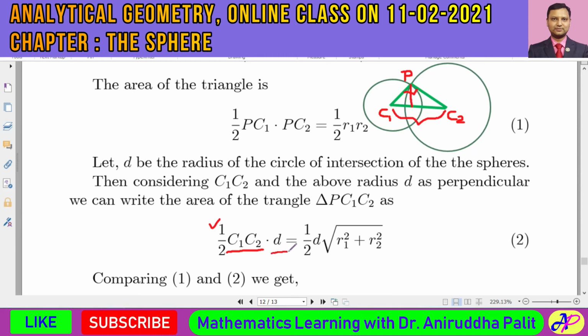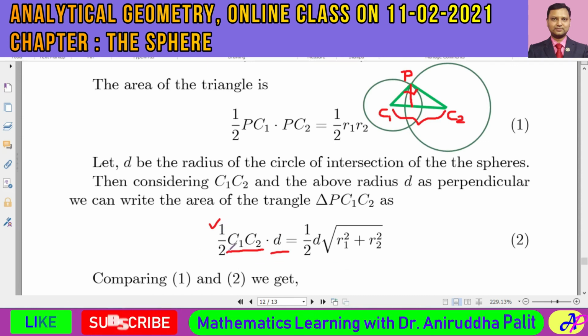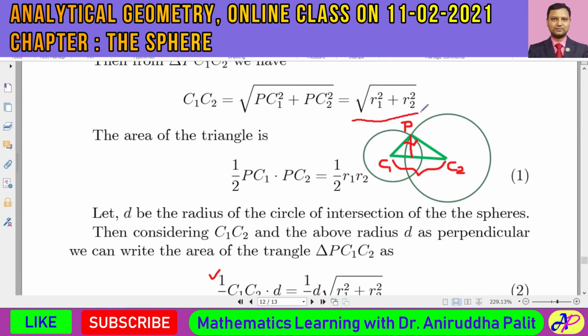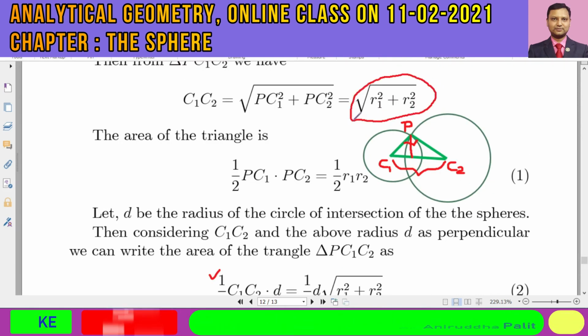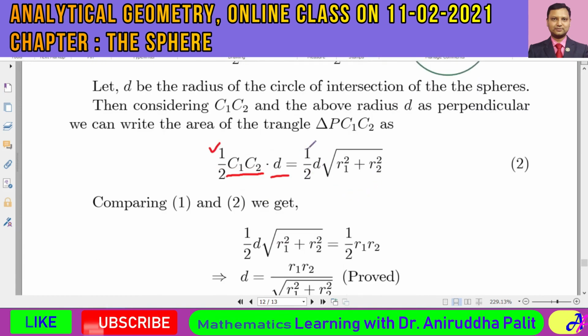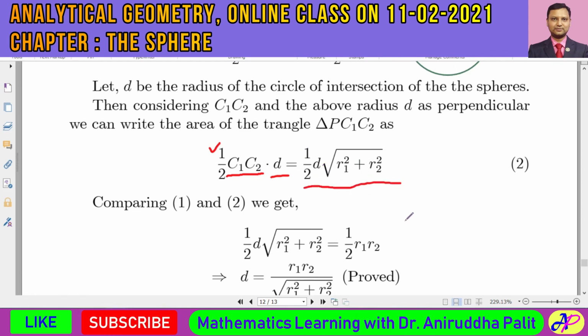Let us consider that this radius is equal to d. Then the area would be half into C1 C2 multiplied by d. And what is C1 C2? We have already computed C1 C2 as the square root of R1 square plus R2 square. So that would be half into d into the square root of R1 square plus R2 square.